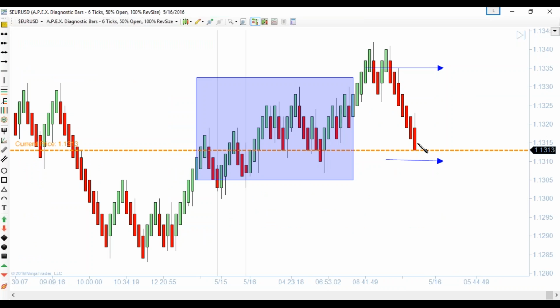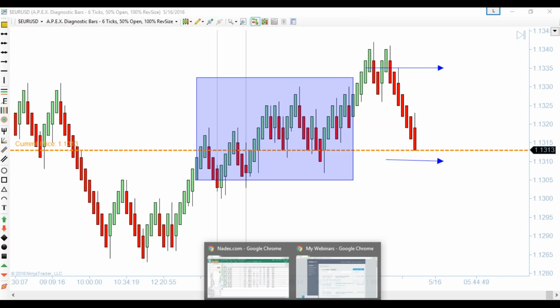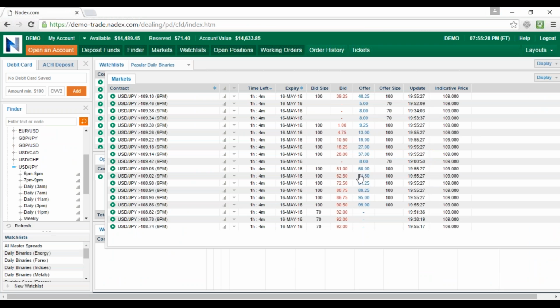So if the market came up here and hit this one, well, I sold it for 25. It's now back to 50, so I'm losing 25 there, and I'm going to get out of it. But this one that I bought for 75, now that it's more in the money, like maybe I buy this one for 71, but the market goes up, that means this one's more in the money, like some of these right here that I can get out of for like 90, 92, as an example.